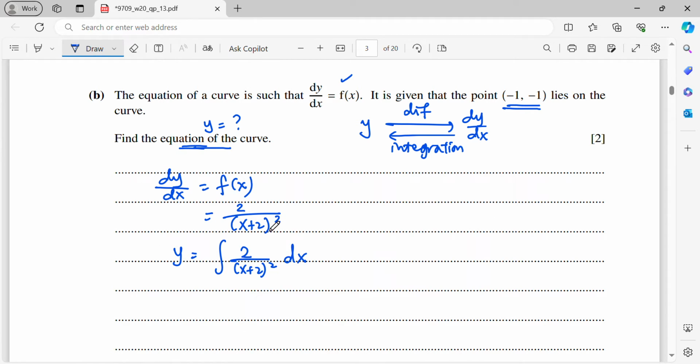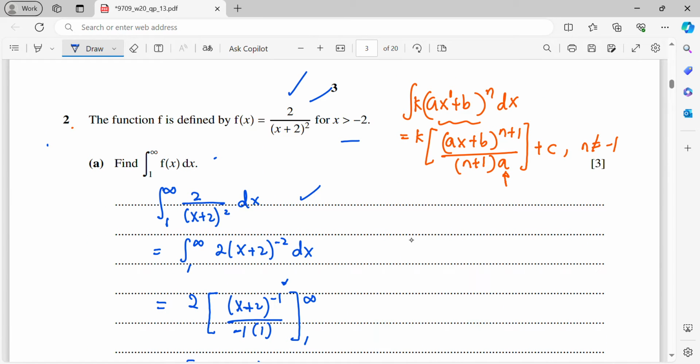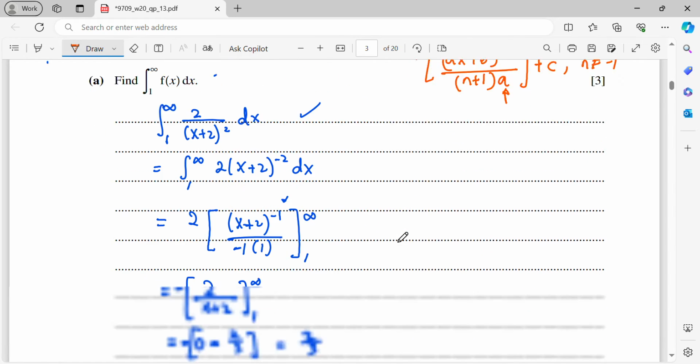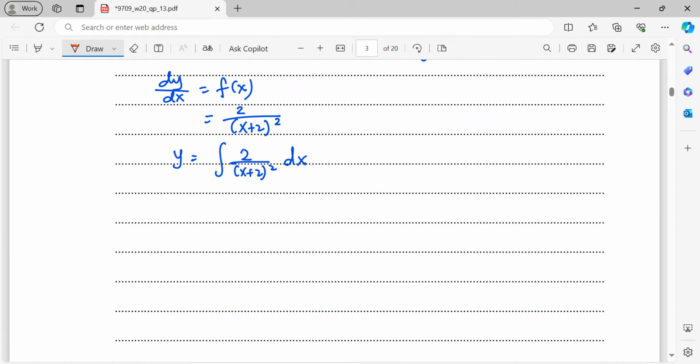This integration was already done just now, so my result is going to be negative 2 over (x plus 2), followed by plus c.